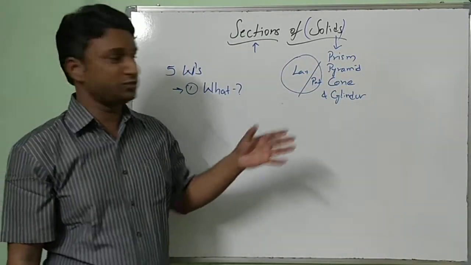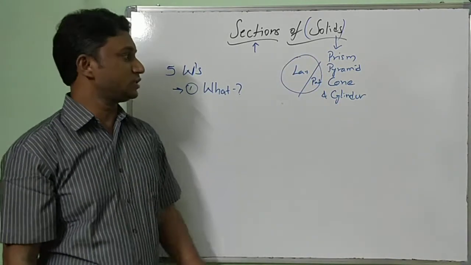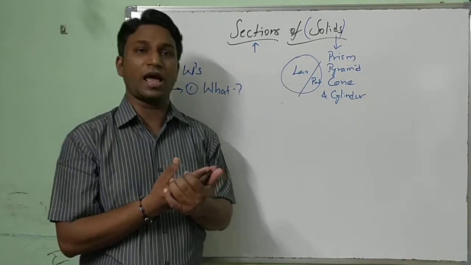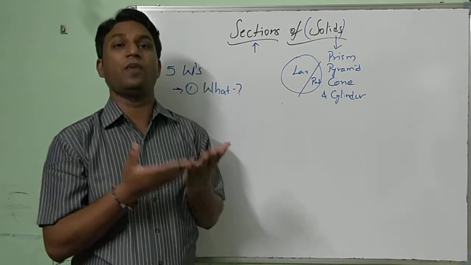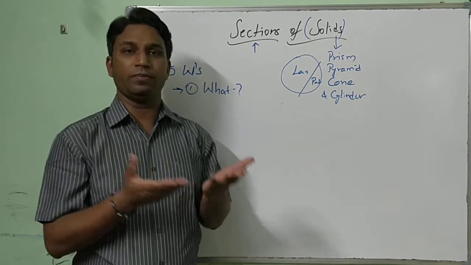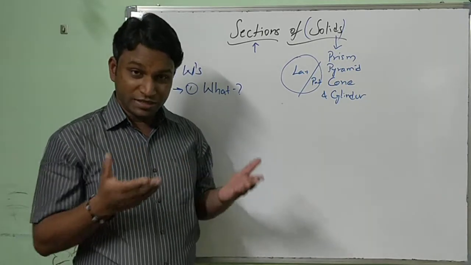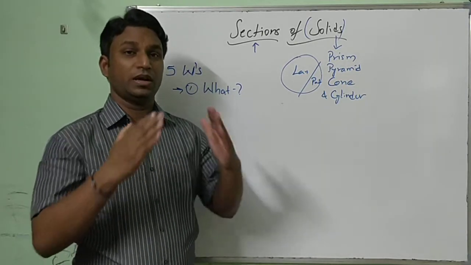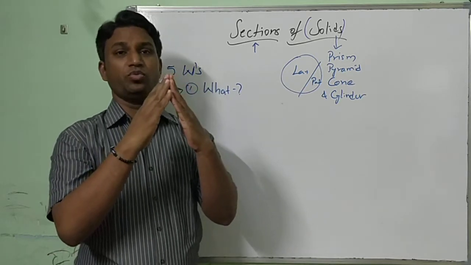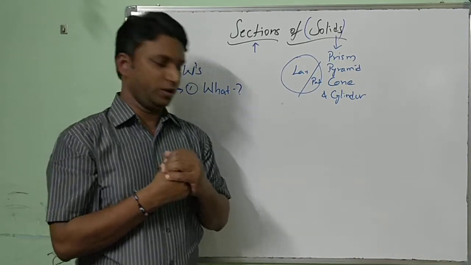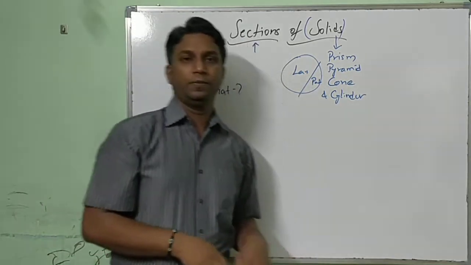As per our syllabus, we have to focus on these 4 solid objects. Pyramid is also a kind of polyhedra having 1 base in the form of any shape like square, pentagon, hexagon, etc. From each side of the base, triangular faces are raised to meet at a single point, which is called the apex.